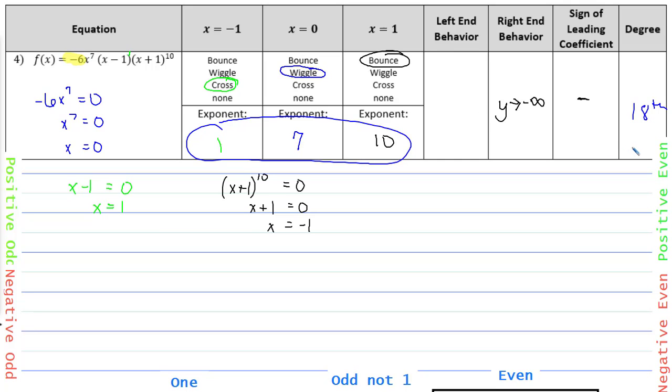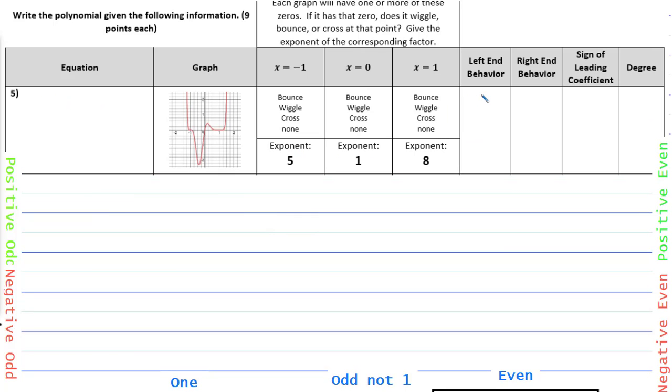And so because it's even, they are going to match. And so y is equal to -infinity. So again, right-hand side matches your leading coefficient. If it's even, they're both going to be the same. If it's odd, they're going to be opposite.